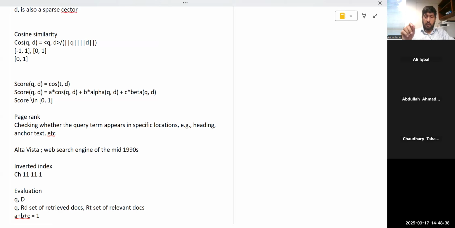And essentially we'll then have to compare RT with RD. Relevant is RT and RD is retrieved. ठीक है? And based on this comparison, we will have to develop various metrics. So ये कुछ metrics हम अब discuss करेंगे. So there are a number of metrics.